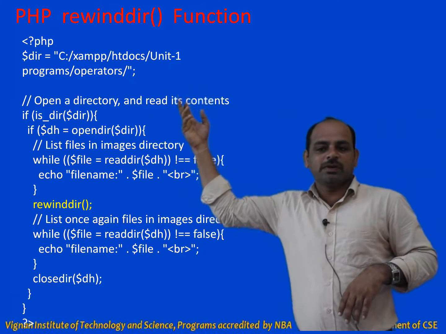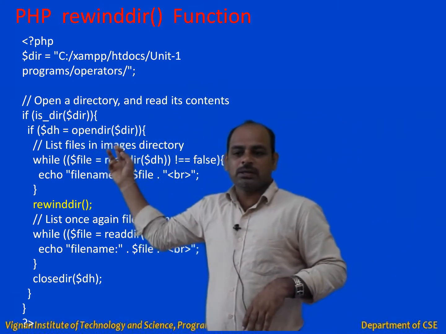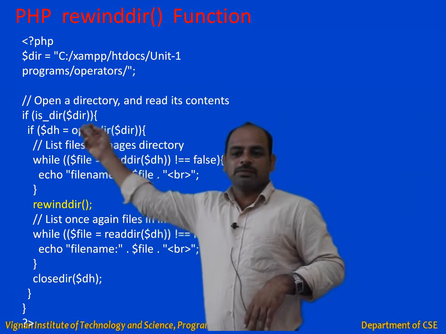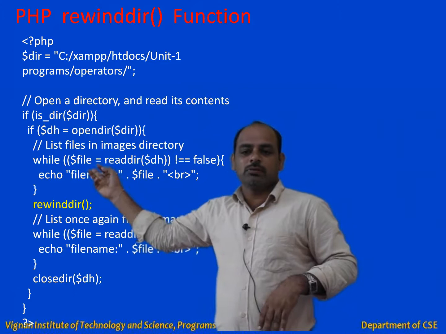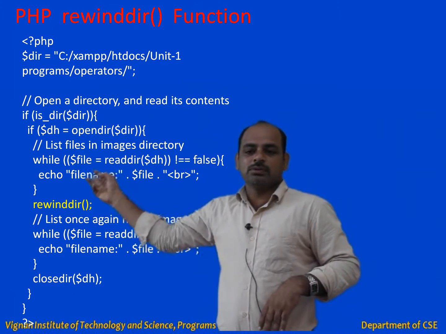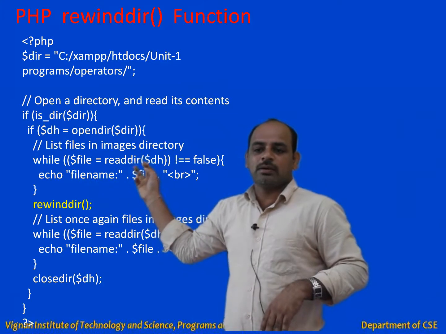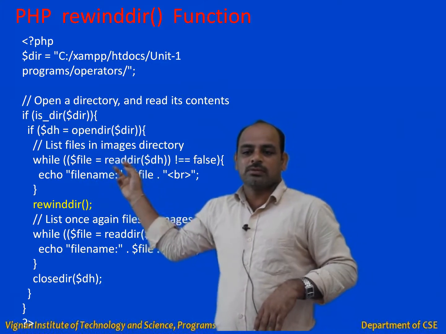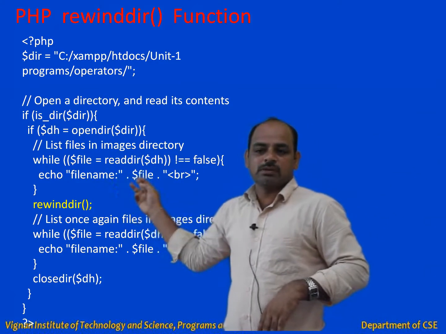If it exists, then we open the directory with opendir, passing a parameter, which returns a directory handle. This while loop we use to read the content within the directory, that is, file equals readdir of dh, until its value becomes false, which reads and displays the content of the directory.